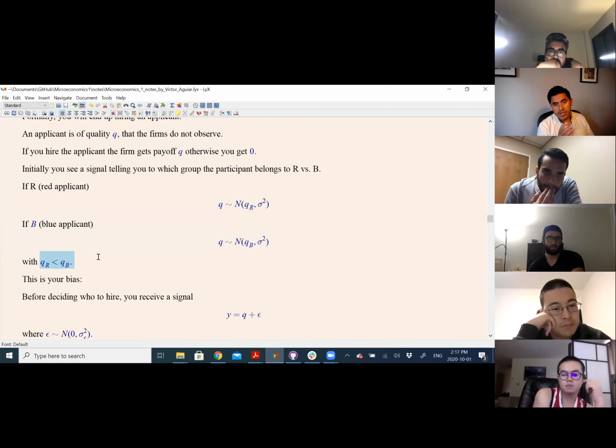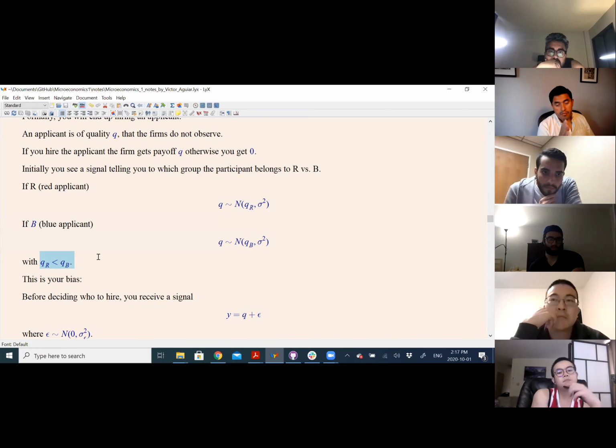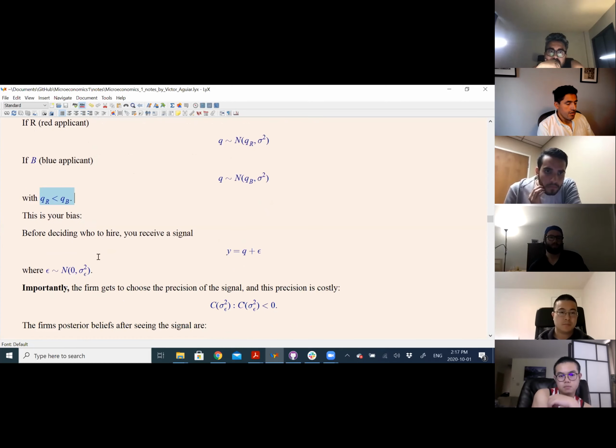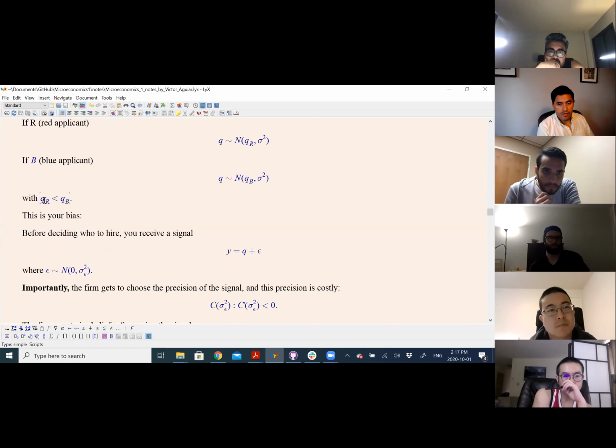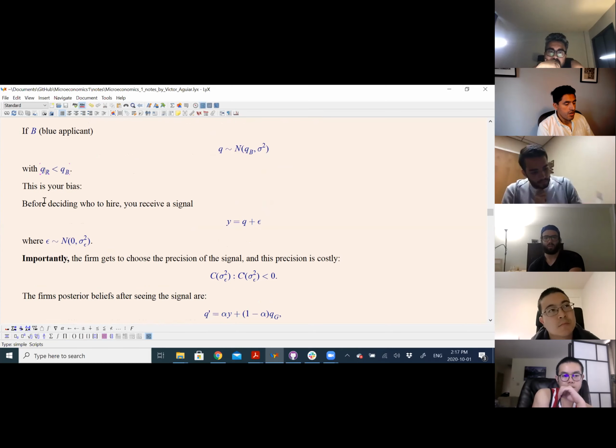For this agent, the bias is that blue people are better in the mean than red people in this job quality Q. So if you hire at the mean of the blue people, you're going to get more payoff than hiring at the mean QR of red people.